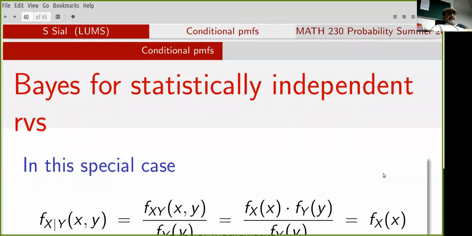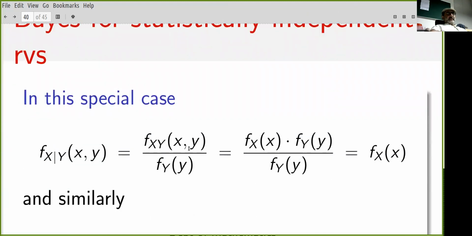Okay, in the special case, for statistically independent random variables, remember the conditional for x given y is the joint PMF for x and y divided by the marginal for y. But in the special case of independent random variables, the joint PMF is the product of the marginal PMFs.